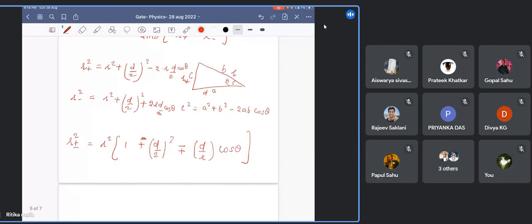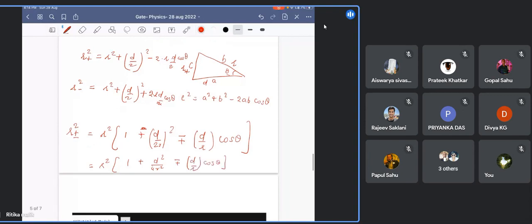The factor of 2 will cancel out. So this quantity will become r squared times 1 plus d squared by 4 r squared minus plus d by r cos theta.